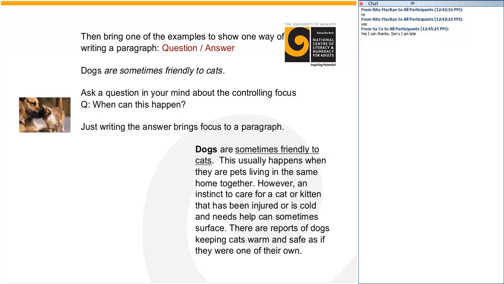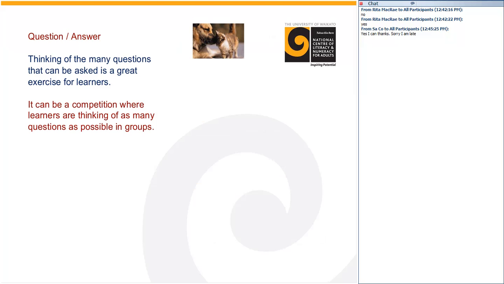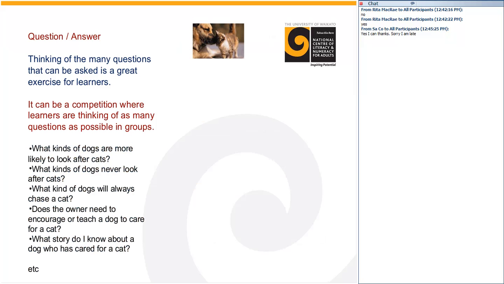So, getting your learners to think of a whole lot of questions can be a really great exercise for them. So you have the topic and the controlling focus, and they can think of so many questions.